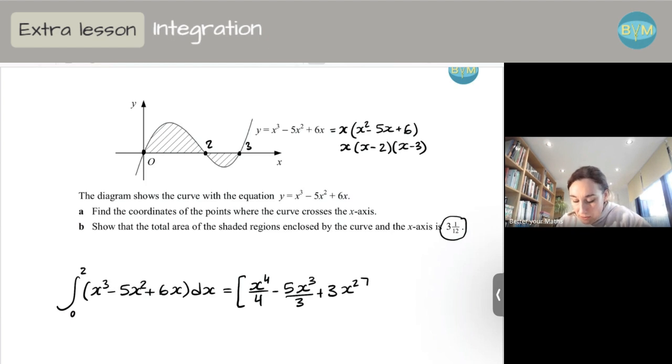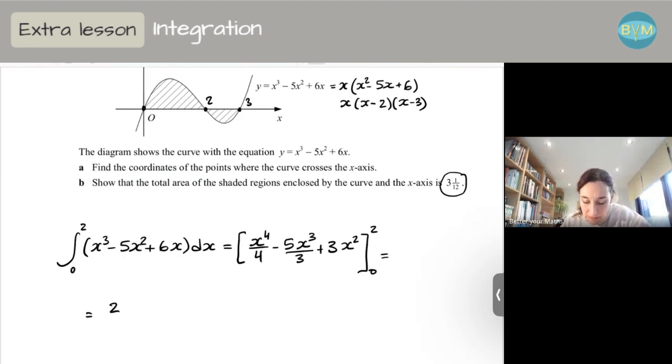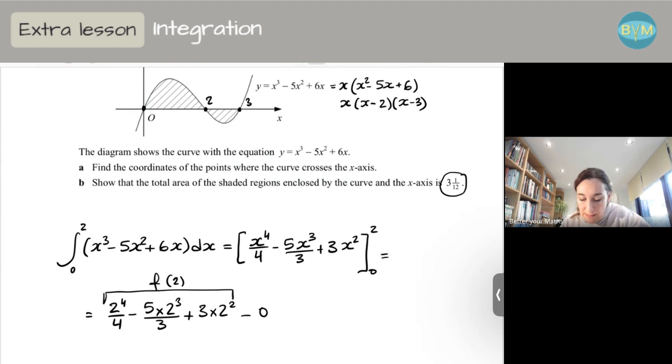And now I'm going to substitute this between 0 and 2, and then I'm going to do the same between 2 and 3. But what I'm going to do the next time is to copy this instead of thinking it again. So I substitute the 2, so I have 2 to the power of 4 divided by 4, minus 5 times 2 cubed divided by 3, plus 3 times 2 squared, minus 0. So I substitute the 2, and then I substitute the 0.